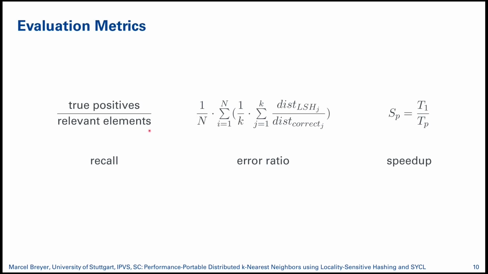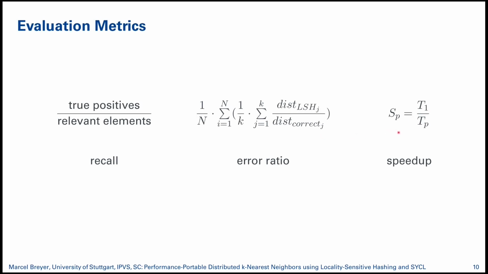But this would still result in a bad recall. Therefore, I've also implemented the error ratio, which is the ratio of the distances of the calculated nearest neighbors and the correct nearest neighbors. And this now takes into account that calculated nearest neighbors that are not the exact ones but extremely close to the exact ones are still good enough for an approximate algorithm.